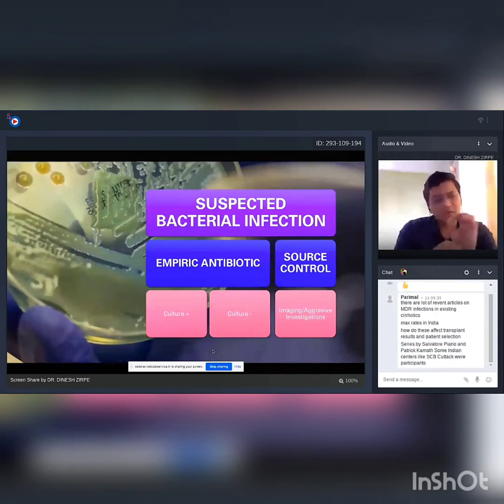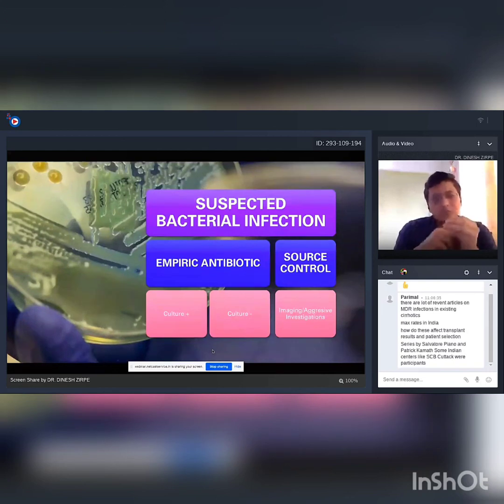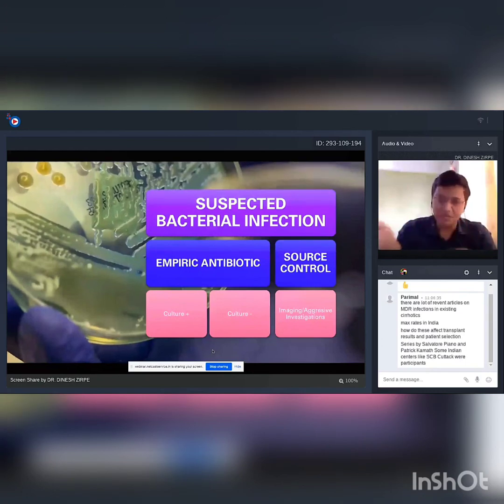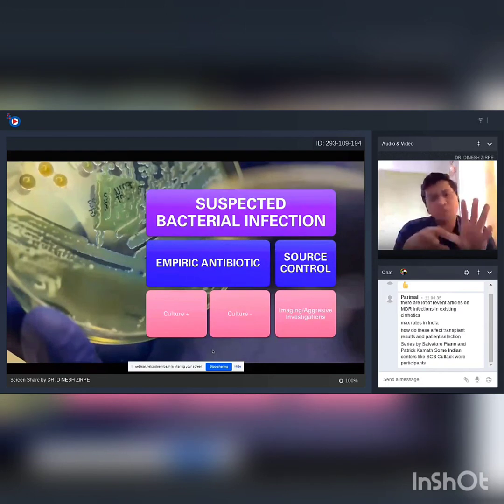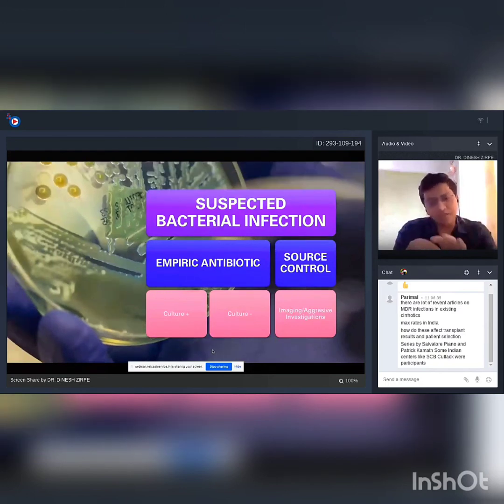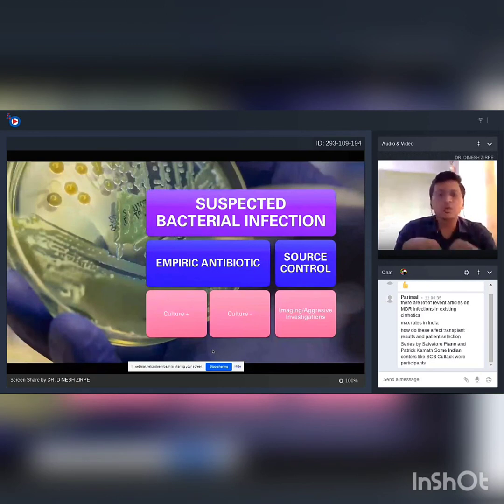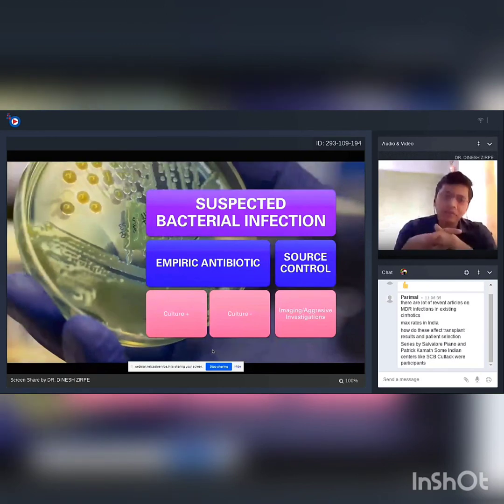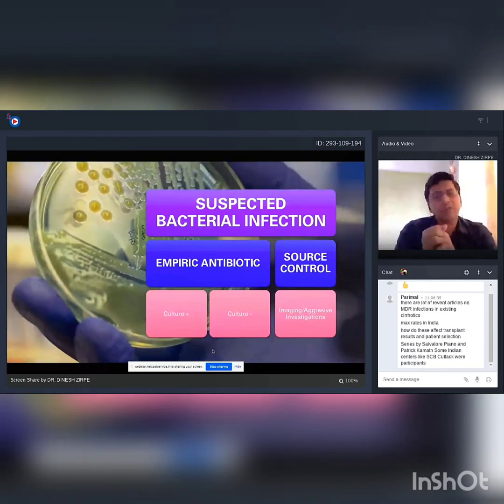Failure to rescue means you're not able to rescue them, and once they have deviated, they just go down. Unless you do an audit and find out that this patient was deviating from his trajectory and you should have done this or that, you will not know the failure to rescue rate, or how you are going to improve it. So that is a good terminology.